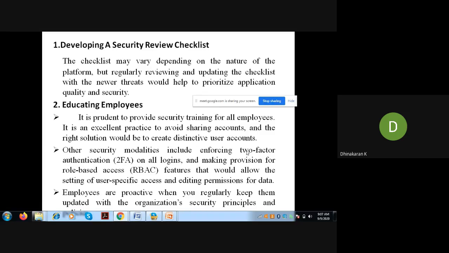They have two-factor authentication, 2FA, on all logins. What is two-factor authentication? Those who are maybe your brothers and sisters working in an MNC, it is like a safe code, very familiar in TCS. They are given something that looks like a calculator, the safe code. When you try to connect, it will provide some number. It is one type of authentication.